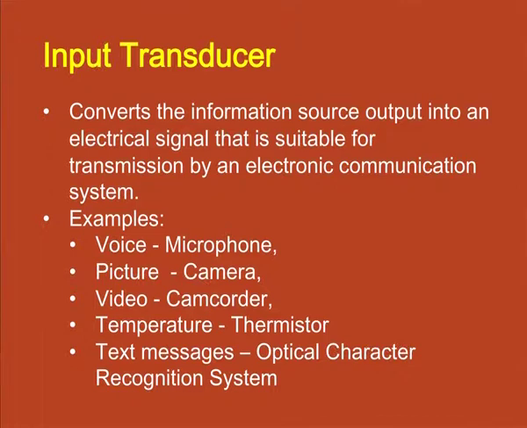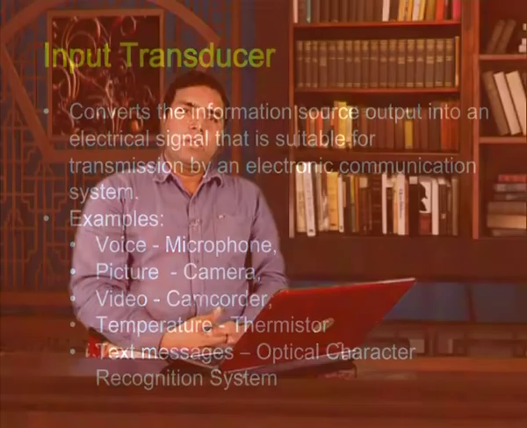Another example could be an optical character recognition system, which can convert text messages into electrical signals. Now, the output of the input transducer is given to the transmitter.